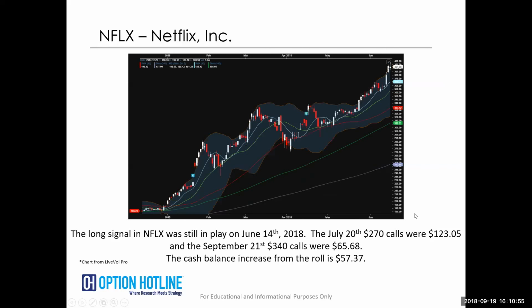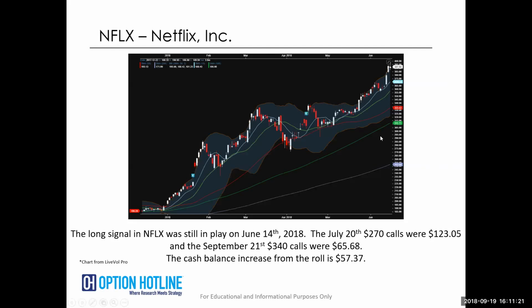Now, over the course of the next month and a half, our long signal still applied. So it's June 14th and we're up to 392. The stock has rallied from May 1st at 313 to June 14th at 392, between 20 and 30%.